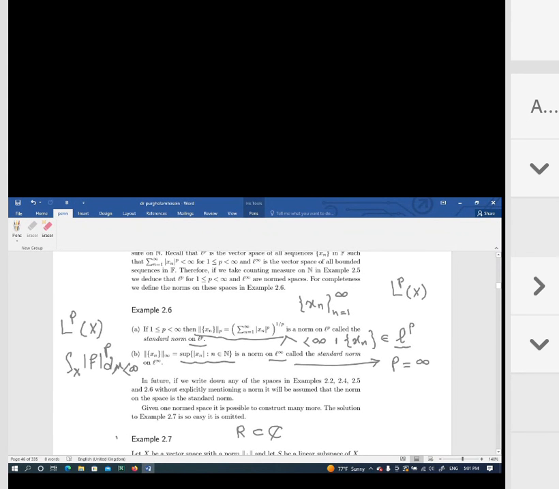The norm of such a sequence is defined as the sum of the absolute value of x_n to the power p, and the whole sum to the power 1 over p. This is called the standard norm on small l^p.